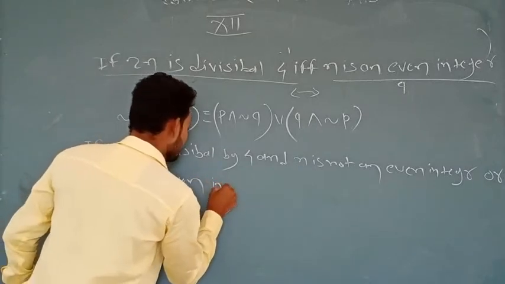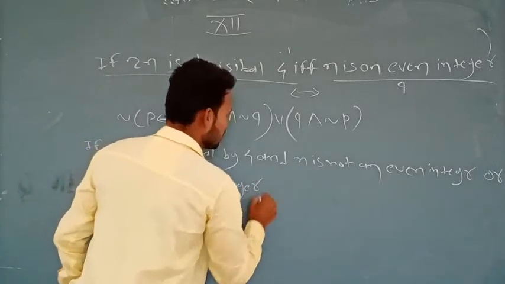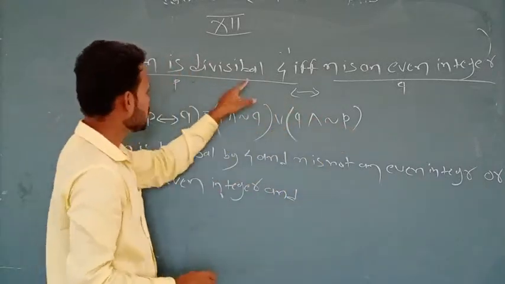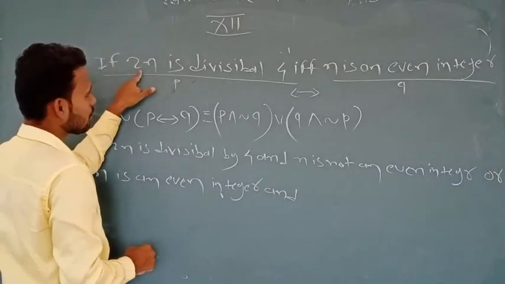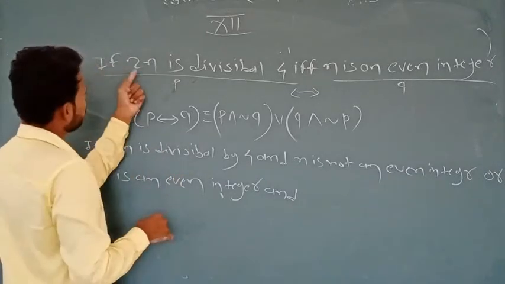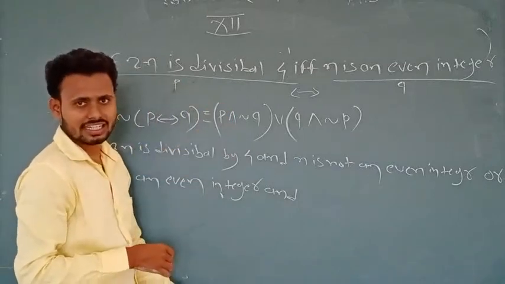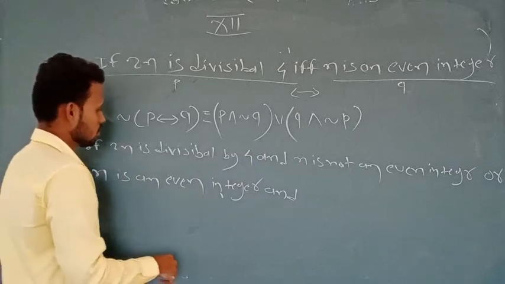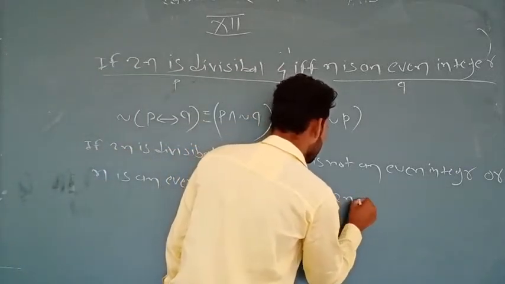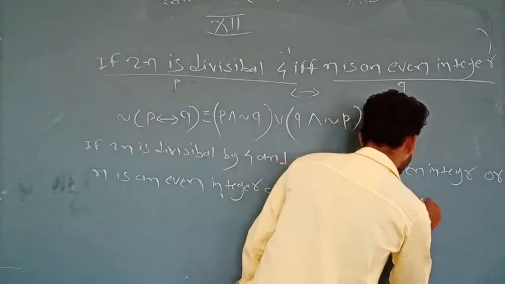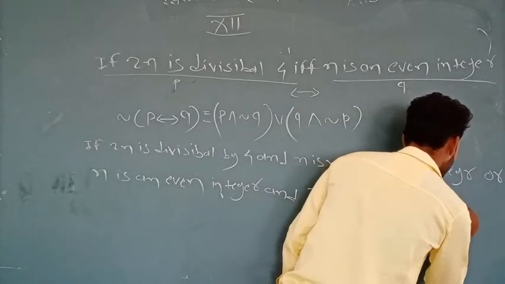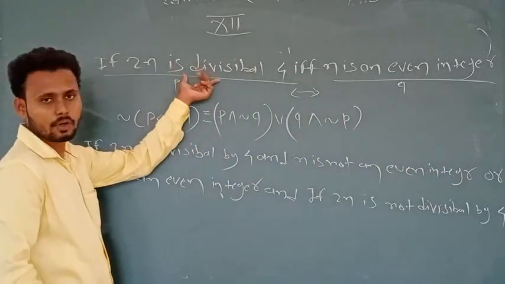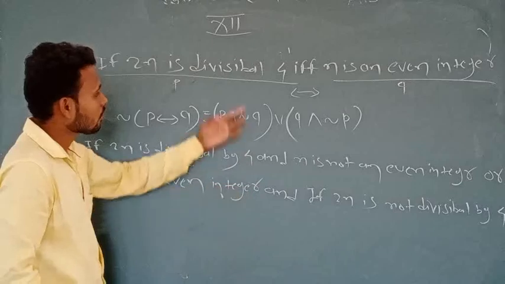And here, and with just the negation of P. P is if 2n is divisible by 4, so the negation of P is: 2n is not divisible by 4. This is the required negation of that biconditional statement.